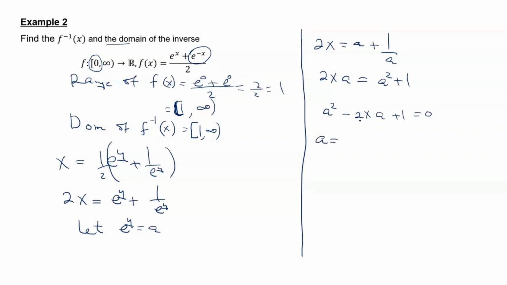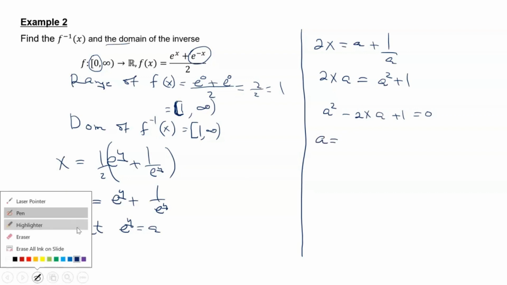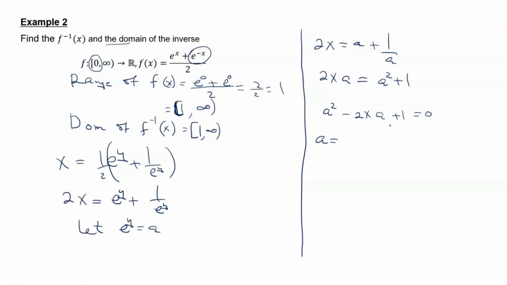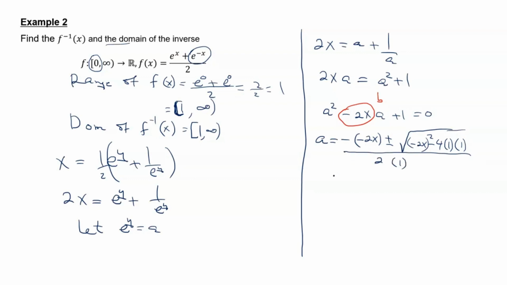So this is my b value. That gives us 2x plus or minus the square root, over 2.